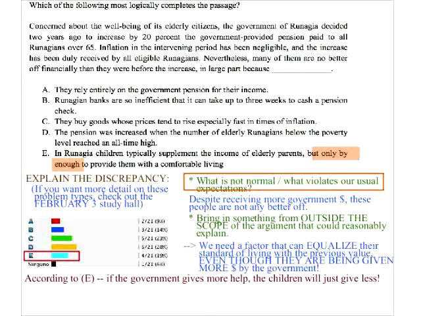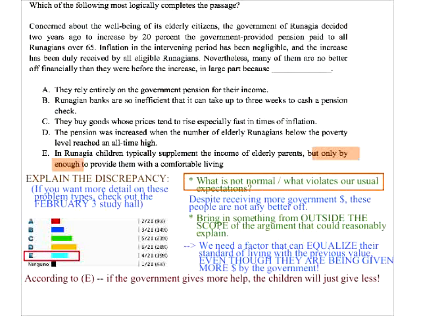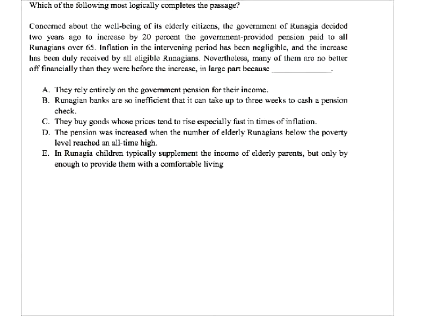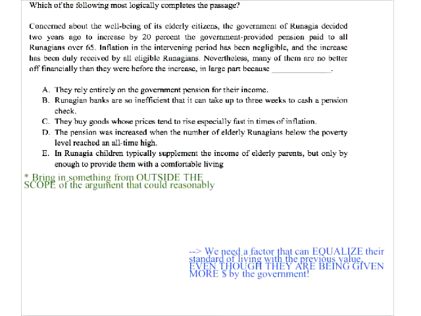Let's explain away the other choices here. So let me pull some of these things from the previous slide. Okay, so what we need here is this. We need something from outside the scope that could reasonably explain.